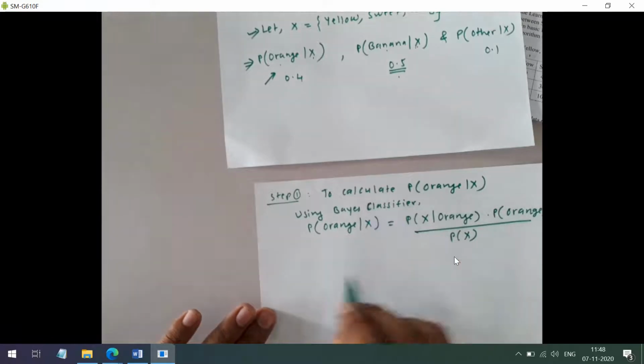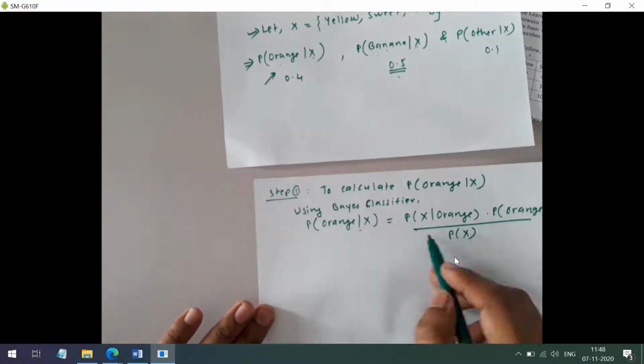Using Bayes classifier we can denote this term by this equation.